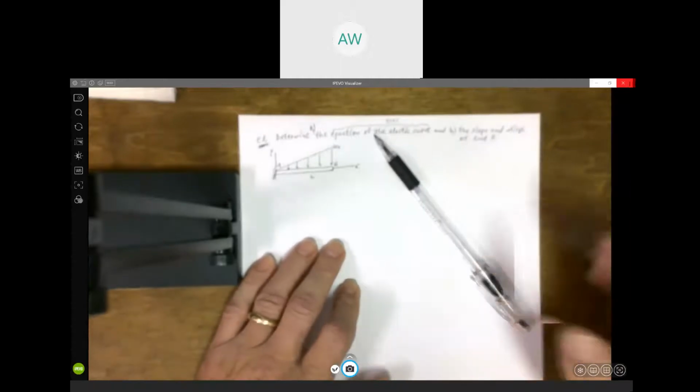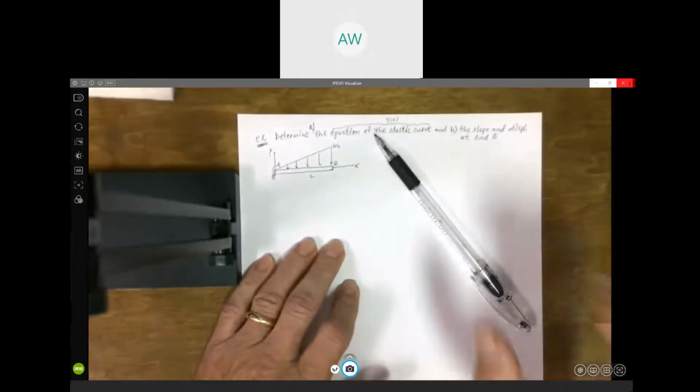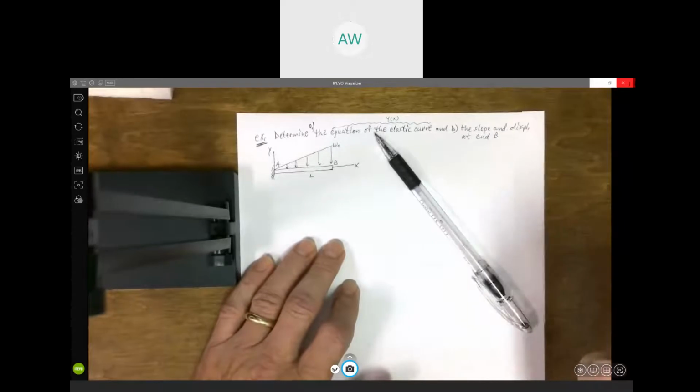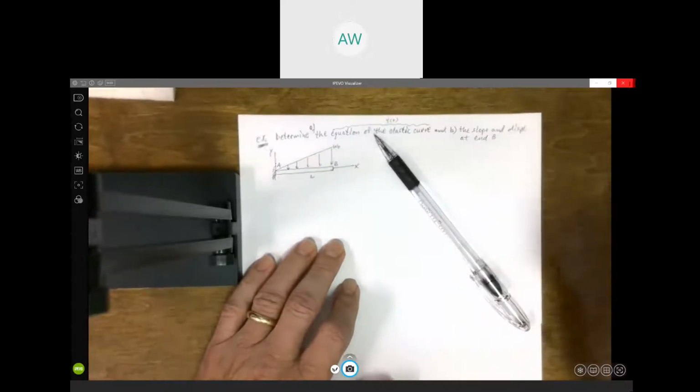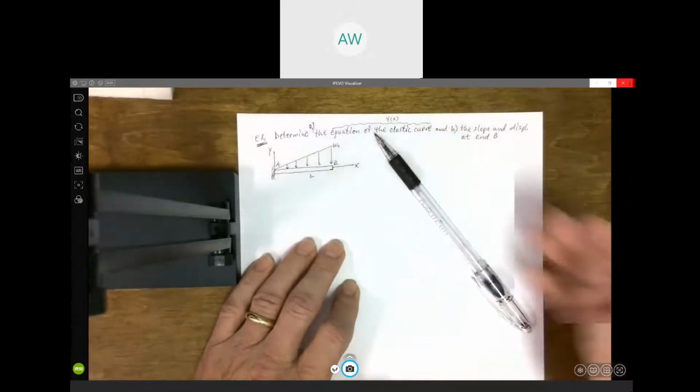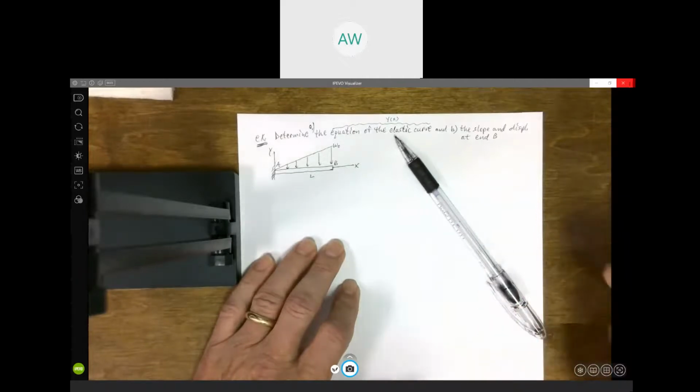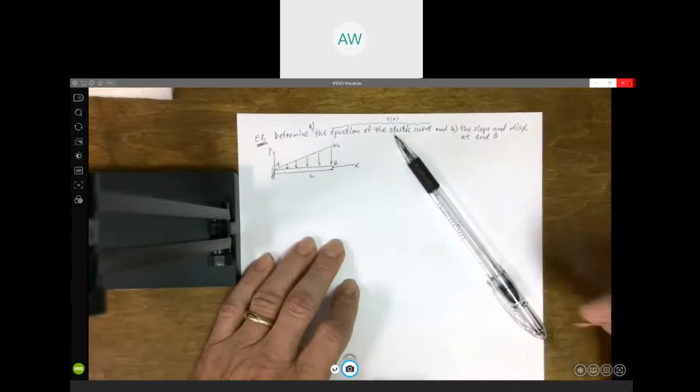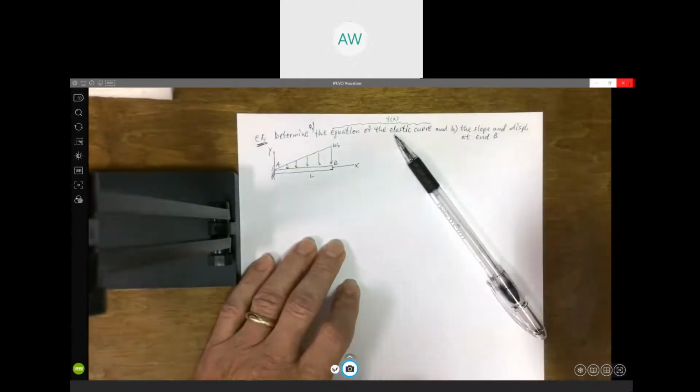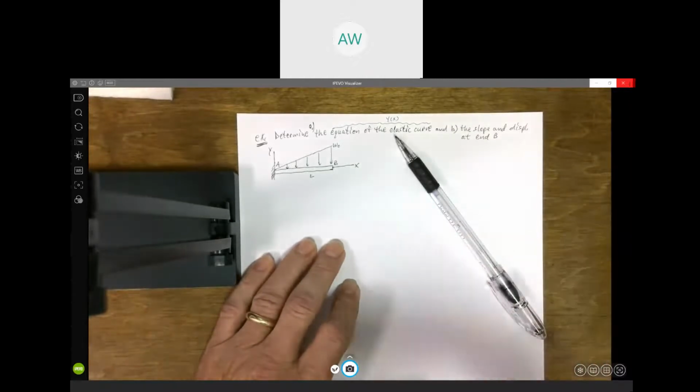You have the elastic region, right? That's where the stress is less than the proportional limit. We're not permanently deforming. That's where the terminology elastic curve comes from: we're assuming these beams are not being stressed so that they experience permanent deformation. That's where we can use the small deformation approximation that we discussed earlier.